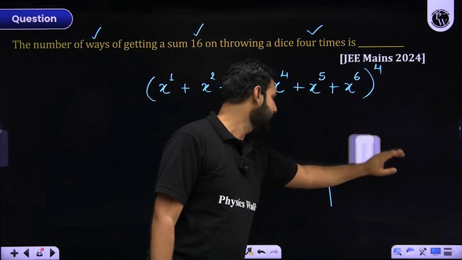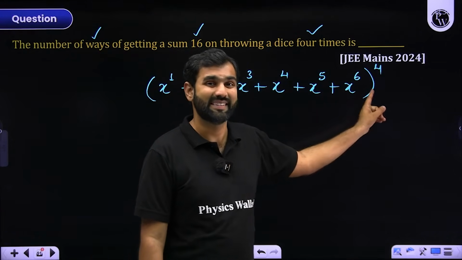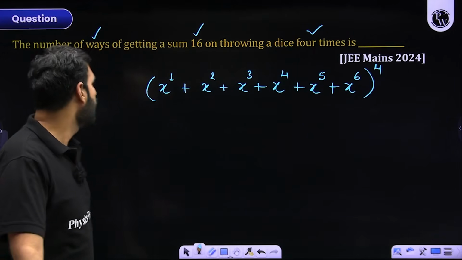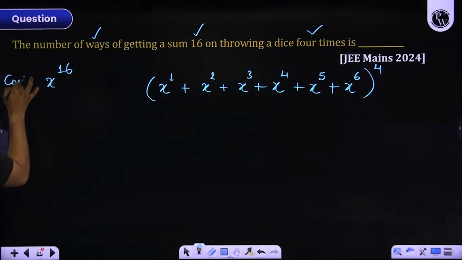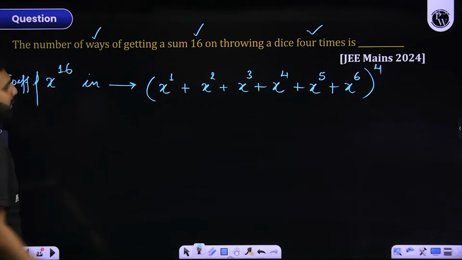So if I simply find the coefficient of x to the power 16 in this expansion, that will be my answer. So my idea is to find the coefficient of x to the power 16 in this expansion.